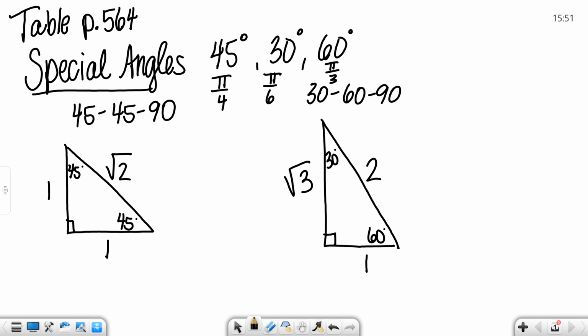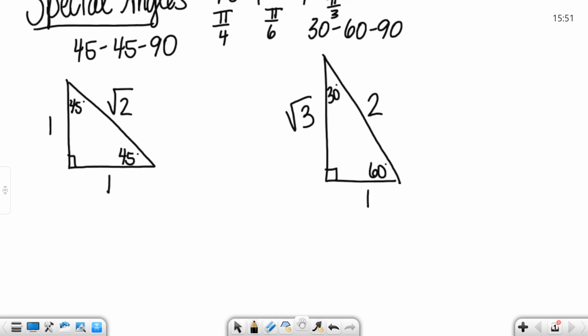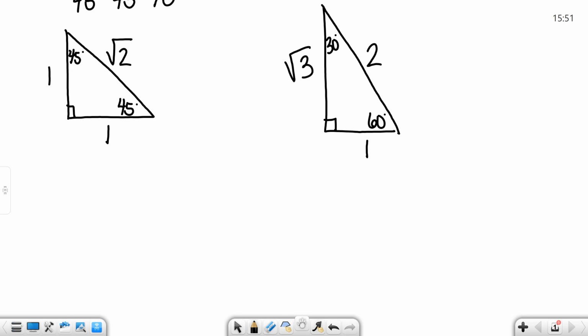We're going to look at sine, cosine, and tangent of these special angles, 45 degrees, 30 degrees, and 60 degrees, using these two triangles. You can either memorize the triangles, or memorize the table on page 564, or I'm going to show you a hand trick, which is my absolute favorite, but you have options.